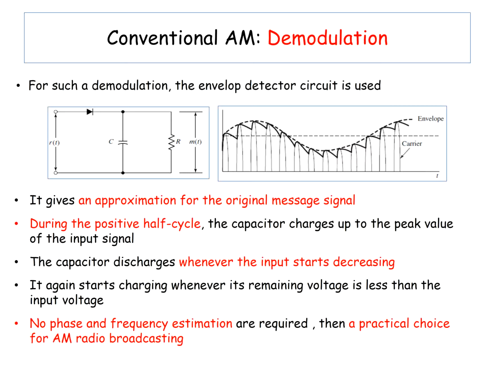It again starts charging whenever its remaining voltage is less than the input voltage. As you realize, no phase and frequency estimation are required. Then it is a practical choice for AM radio broadcasting.